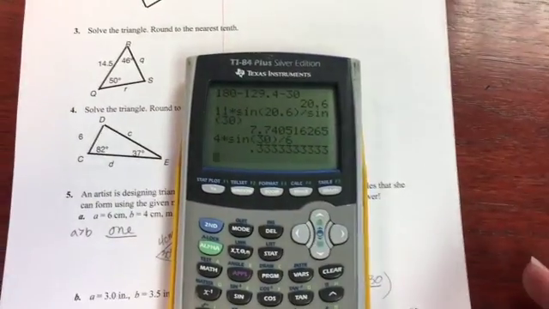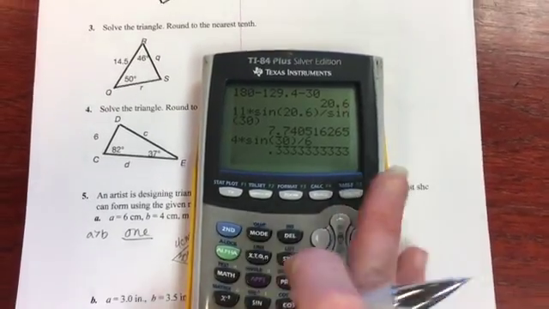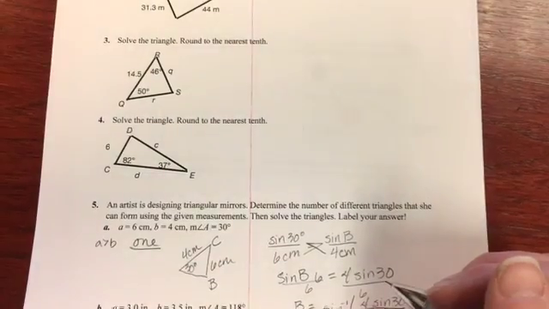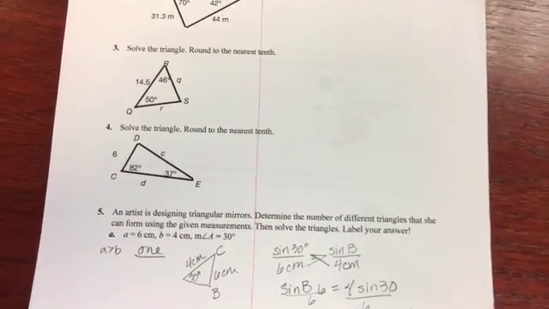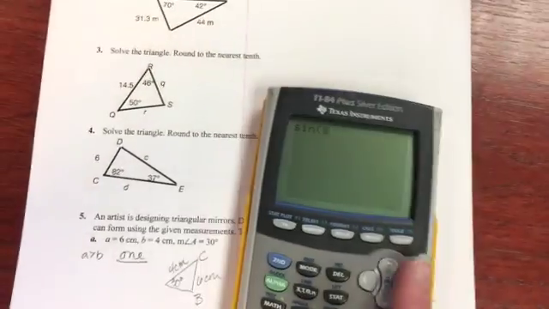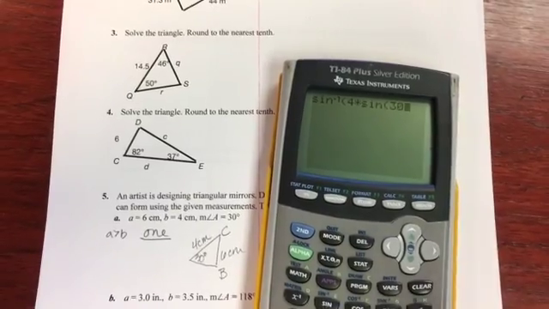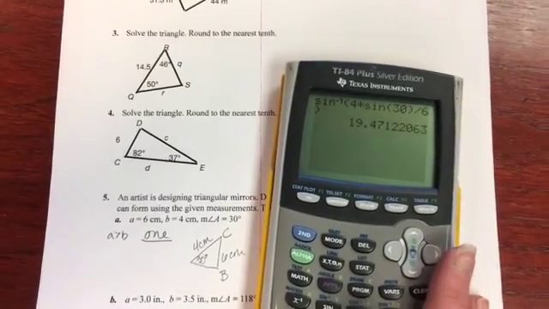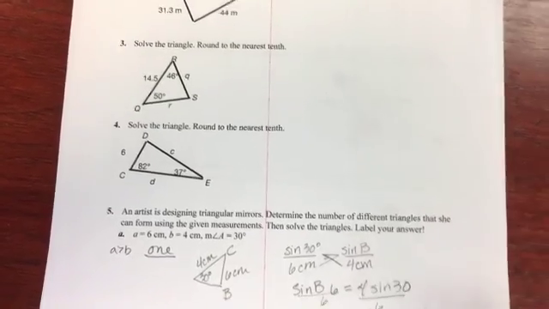Make sure that you close your parentheses. Then you take the inverse sine of 4 times the sine of 30 divided by 6, which is 19.5 degrees.